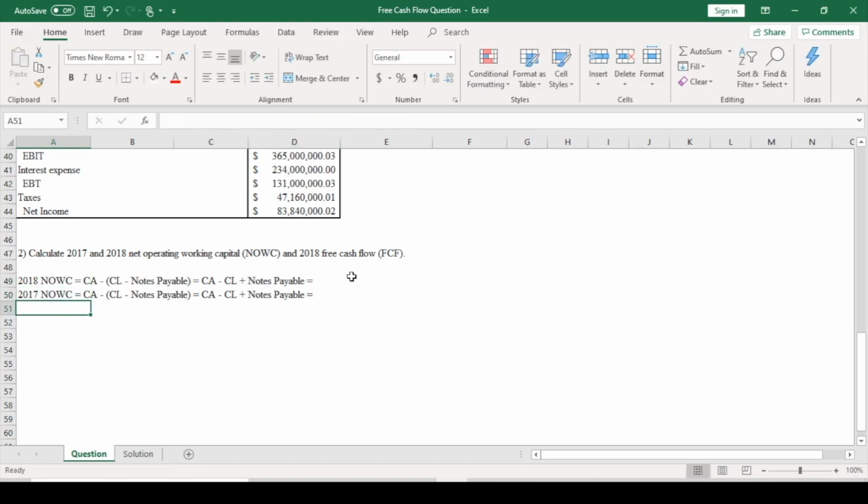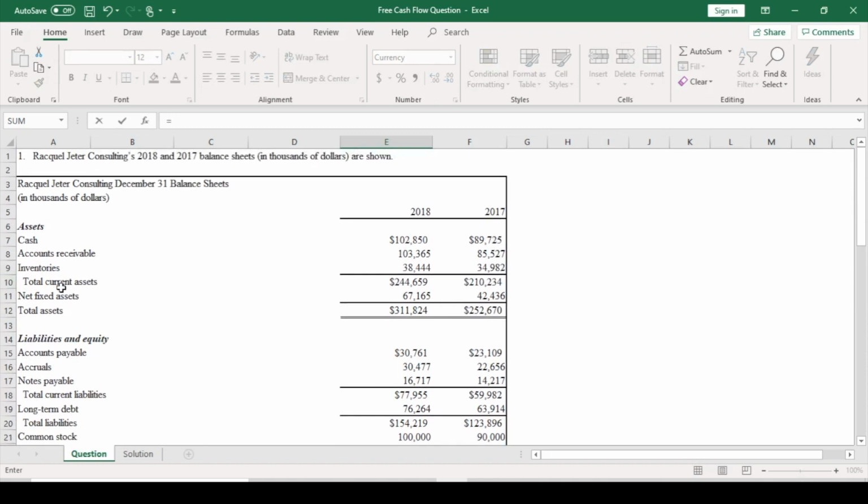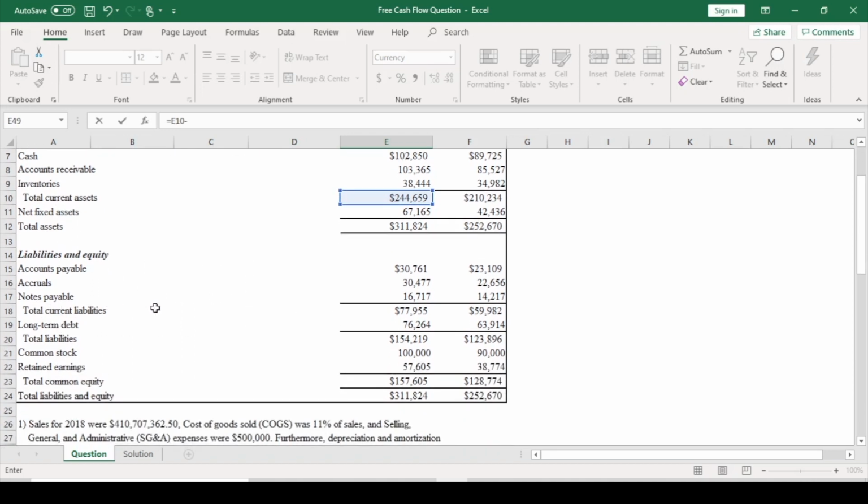Right? And where do this current asset, current liability, and notes payable come from? Balance sheet. So let's go back to the balance sheet. Current asset here minus current liability plus notes payable.